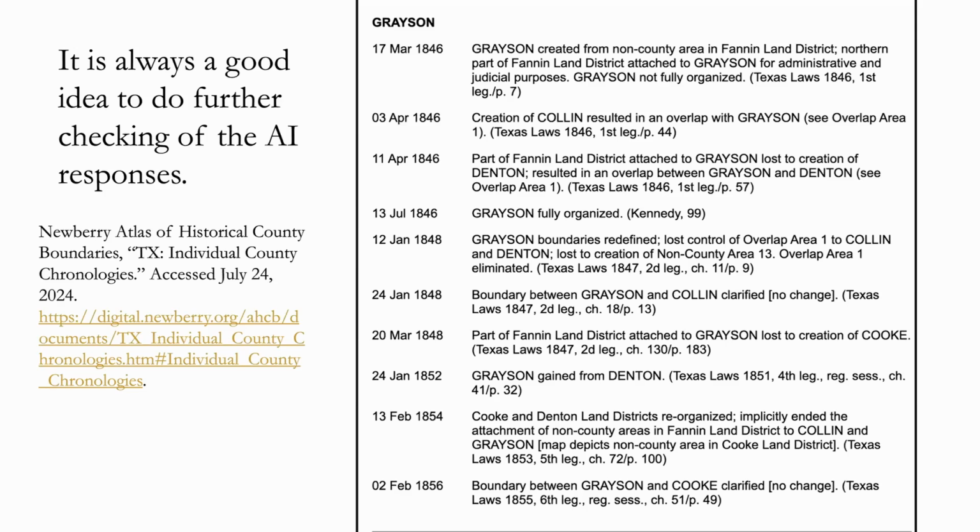So you see it says right up there, 17 March of 1846. Now that is the same date given by the FamilySearch search, but now we have a real source and we have a way of citing it, because it tells you exactly where this came from: the Texas laws, 1846, first legislature, on page 7.